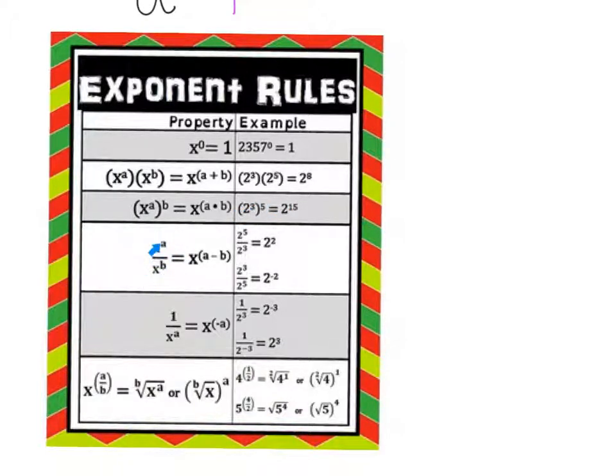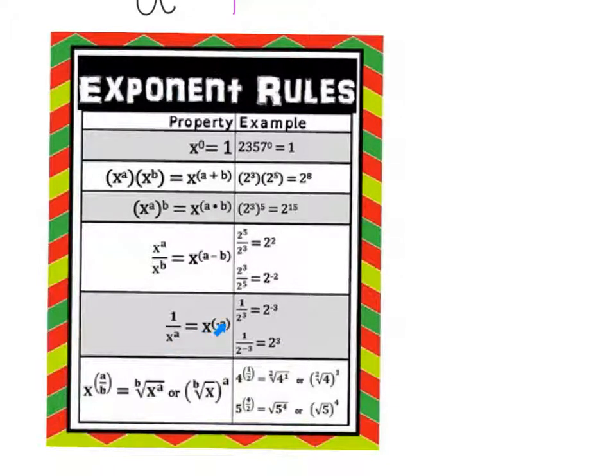When you're dividing variables with the same base, you subtract their exponents, such that it's x to the a minus b. So if you had 2 to the 5 over 2 to the 3, it's really 2 to the 5 minus 3, which is 2. And 2 to the 3 over 2 to the 5 is 2 to the 3 minus 5, which is -2.